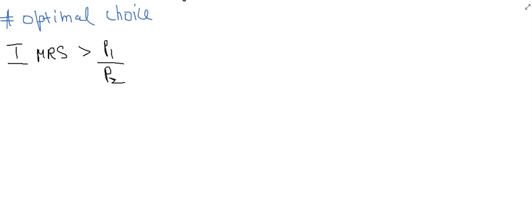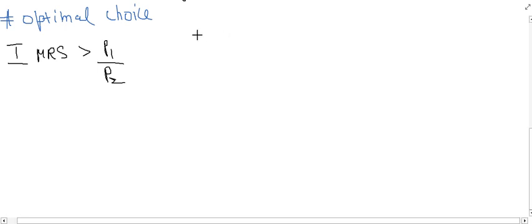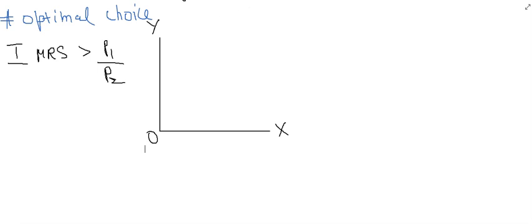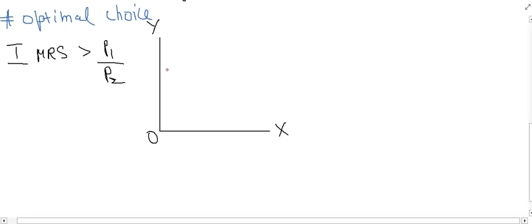Now let's understand this graphically first. I've drawn a good space where we have good y, good x, and the origin. Now let's draw our perfect substitutes utility function. It's the red line. This is our IC, and our green line is the budget line.